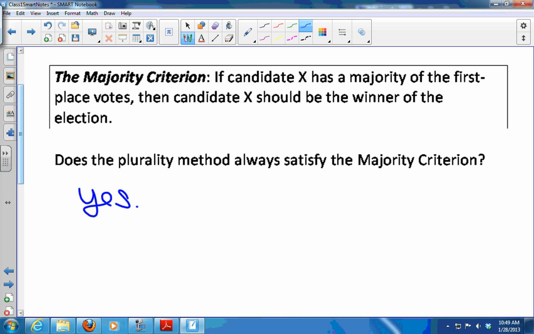So that's another advantage of the plurality method. There's no way that you can get a majority of the votes and lose. Which sounds pretty straightforward and obvious, but there are methods where that can happen, where you could get a majority of the votes and then lose the election. We'll study some of those in the upcoming weeks.